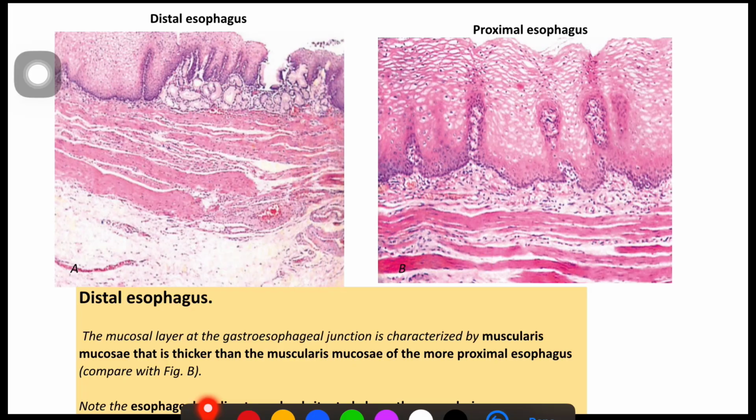So proximal esophagus has thin muscularis mucosae, while distal esophagus has thick muscularis mucosae.